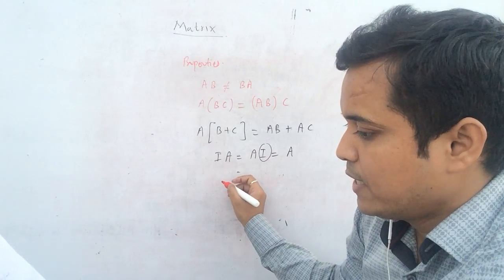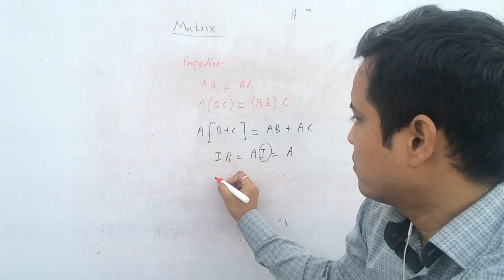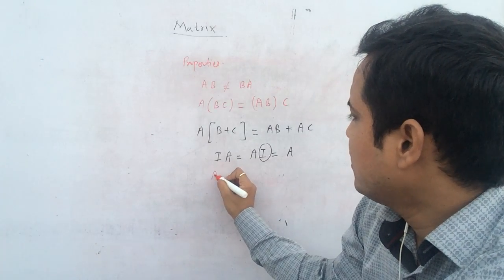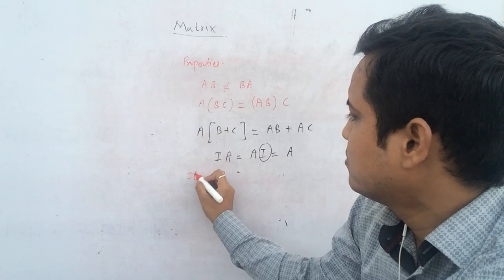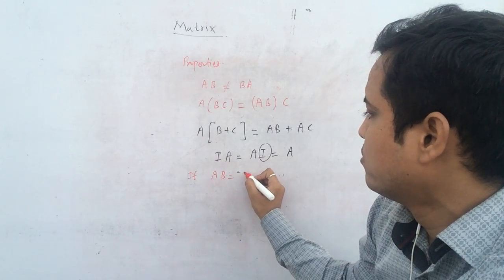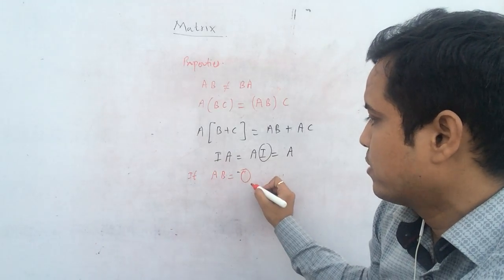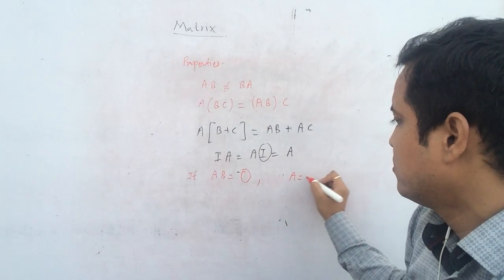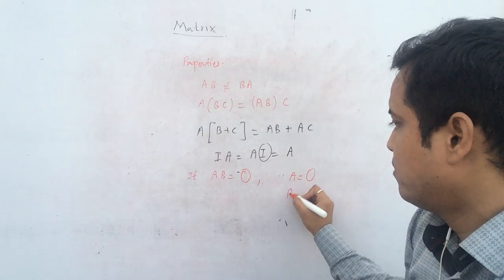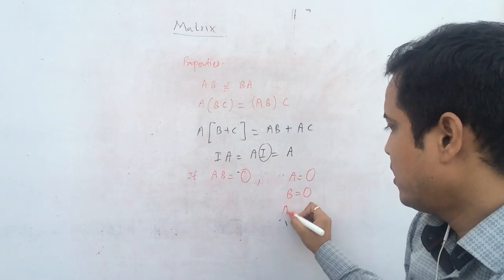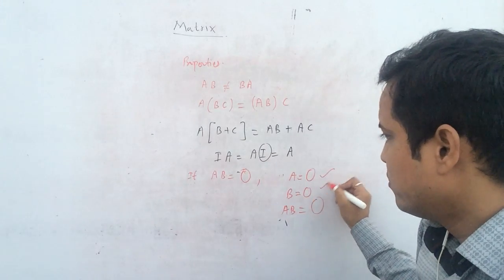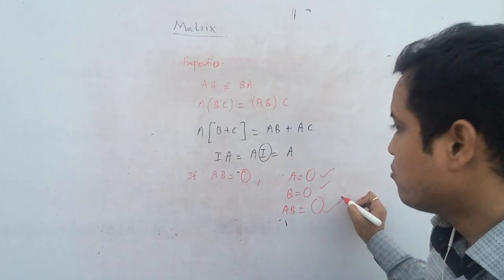And the inverse, no, or yes. So okay, if AB equal to suppose 0, AB equal to 0 matrix, okay, this is a 0 matrix, so it is not necessary that A is equal to 0, it is not necessary B equal to 0, AB can also be 0, okay.